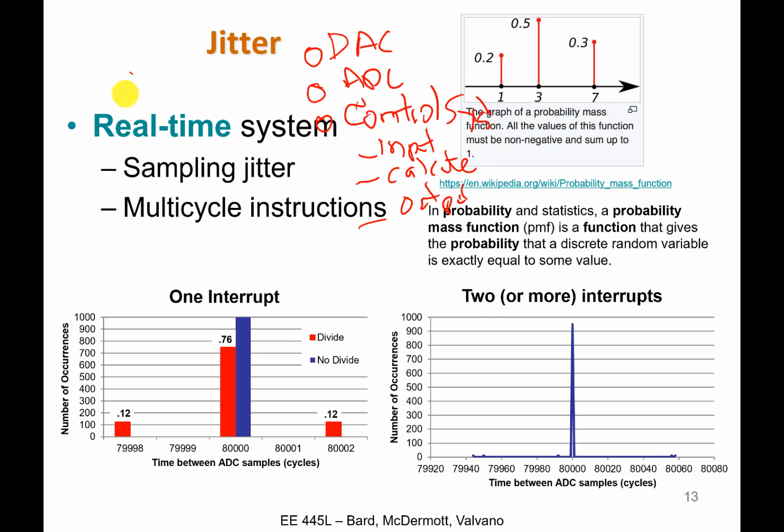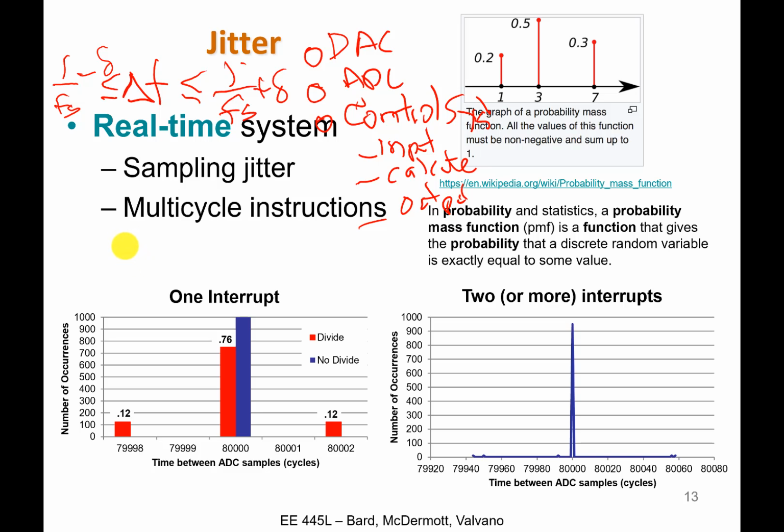Okay, so we want the delta t between one output to the DAC and the next output to the DAC to be within some sort of bound. In other words, if we take the sampling rate and we invert it, we get time, and we can talk about a delta before and after, the time between the interrupts.